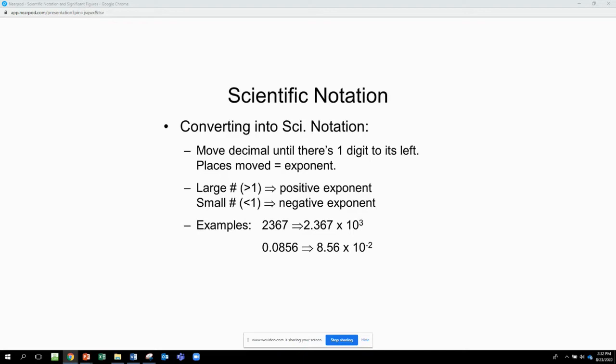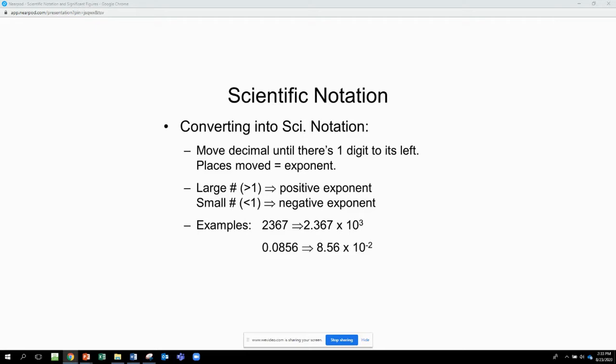So for instance, 2,367. Right now, we imagine that the decimal is after the 7. You don't see it there, but there's a decimal there. We want to put this in scientific notation, so we need to put the decimal in the spot right after the 2. So we need to make the number 2.367.